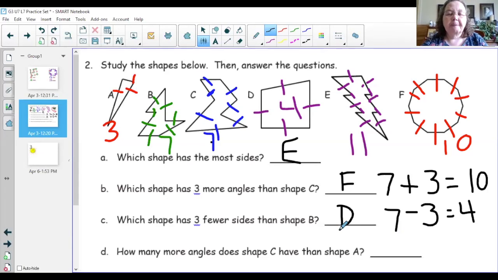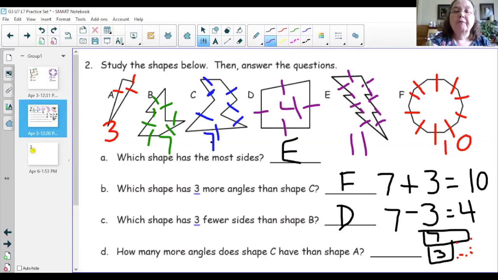Excellent. How many more angles does shape C have than shape A? So I know that C has 7, and I might want to draw my tape diagram. And I know that A has 3, and I'm comparing them. So I want to know how many more are right here. And so how many more did you say? It should have been 4.